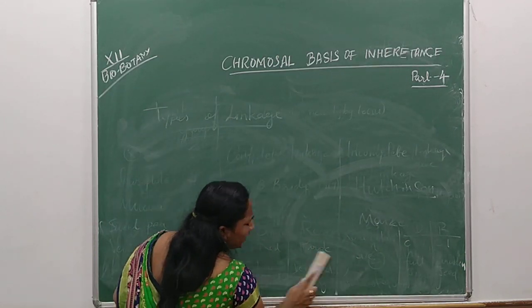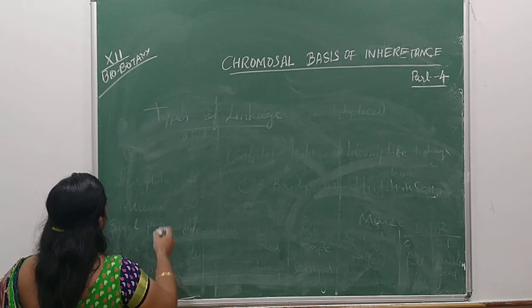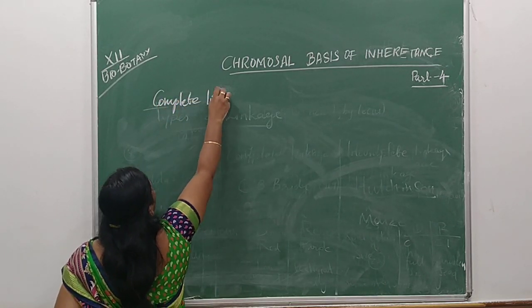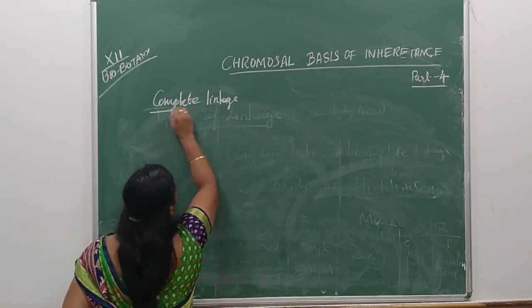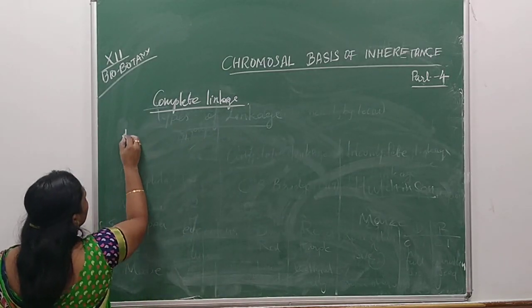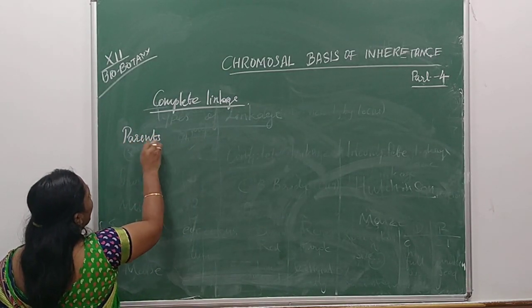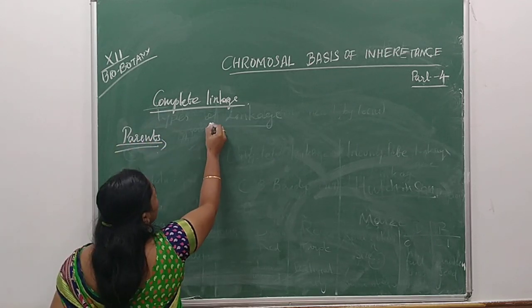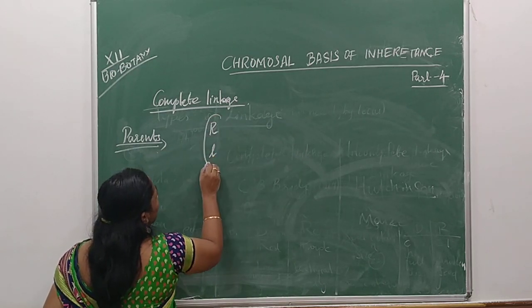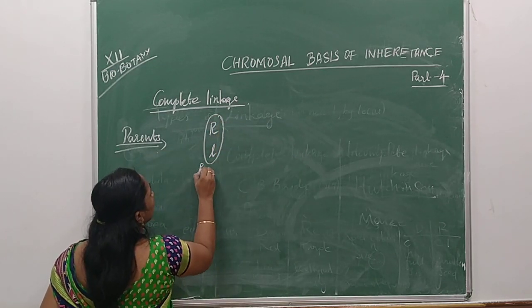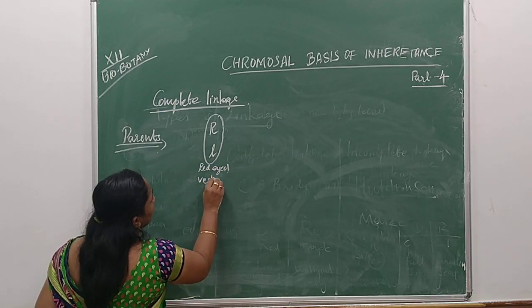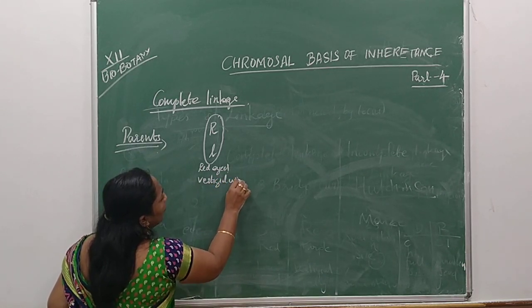So first we are going to learn about the complete linkage. In complete linkage, the parents are red eye with vestigial wing.